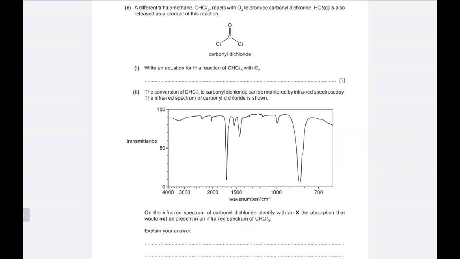So CHCl3 will give a CH bond peak, but in COCl2 there is no CH bond peak. That's another difference.